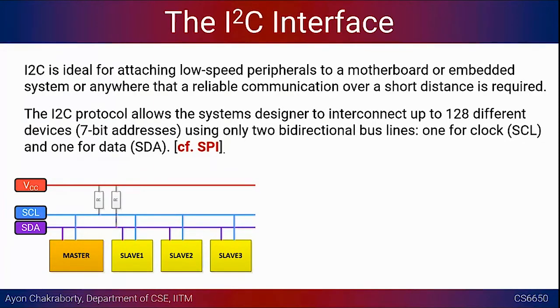Okay, and there are certain reserved addresses. One example is all zeros, called general call, which is normally reserved, but the rest you can configure yourself. But if you are buying a ready-made sensor from the market from a given company, that will have a fixed address. The total number of devices here is restricted.